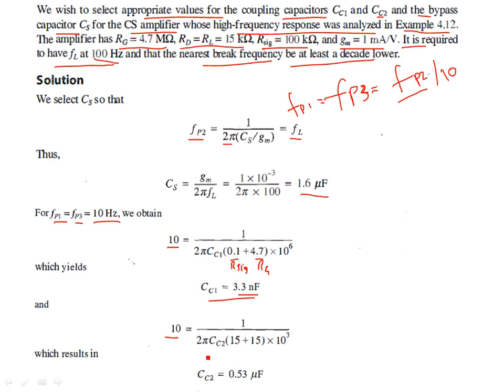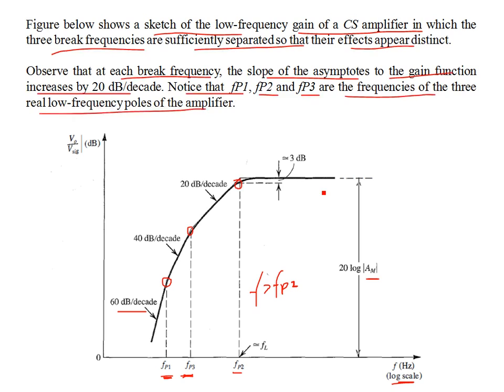Similarly, you do the same for CC2, which consists of RD and RL, giving the same resistance of 15 kilo ohms. This analysis gives you CC2 as 0.53 microfarads, and CC1 as 3.3 nanofarads. Again, CS is the dominant capacitance that determines the lower frequency FL, the frequency where the midband gain falls by 3 dB.